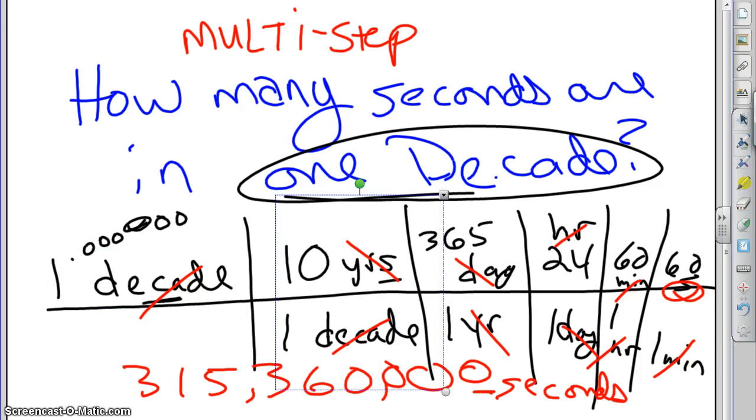So we have 1 decade, then you put decades per the thing you know on top. These two things are always equal. 365 days is a year, 10 years is a decade, 24 hours is a day, 60 minutes is an hour, and 60 seconds is a minute. And that's how you do a simple unit conversion.